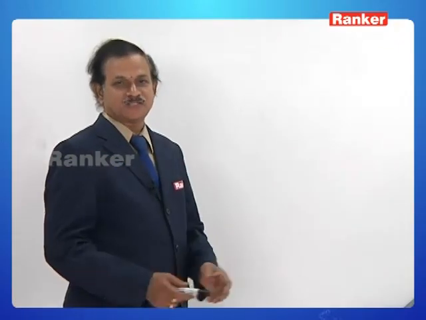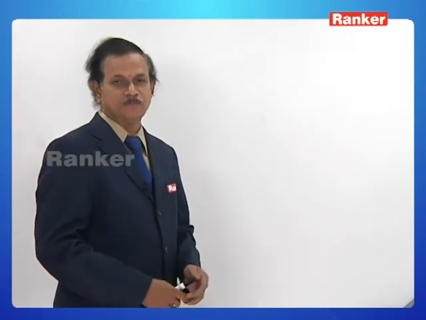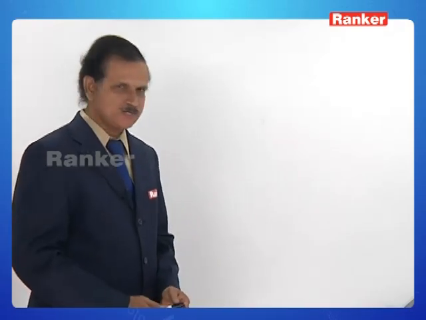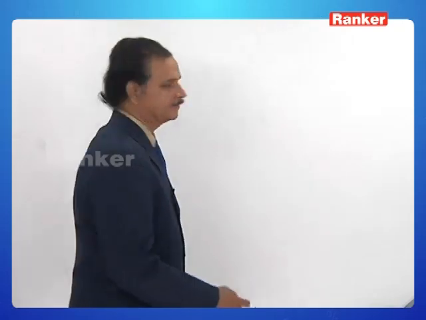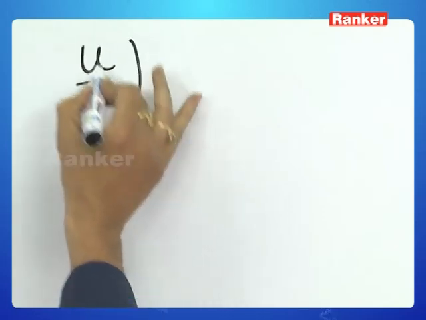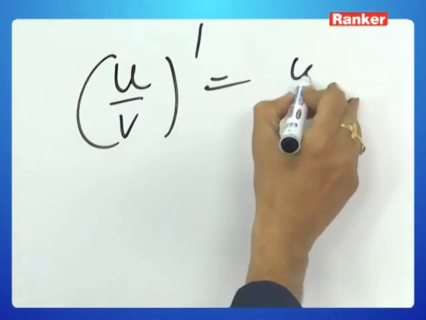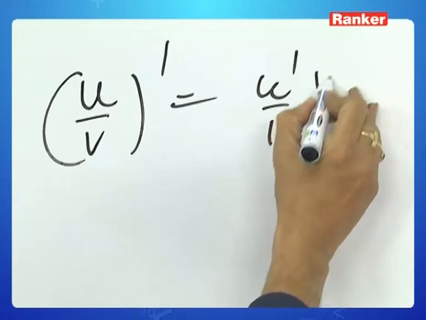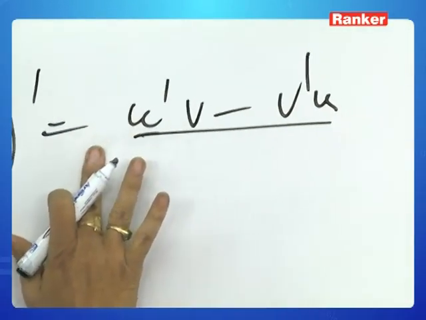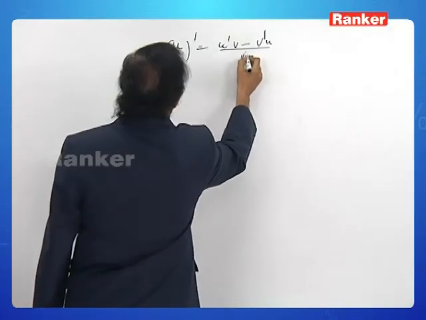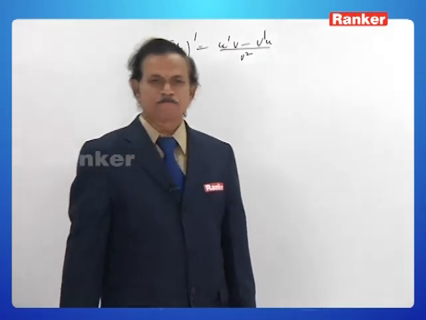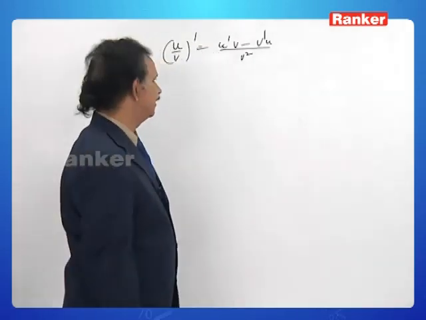As we just discussed, there are beautiful applications of the quotient rule. Let us again recall that. In the short form we could have written (u dash v minus v dash u) by v square.